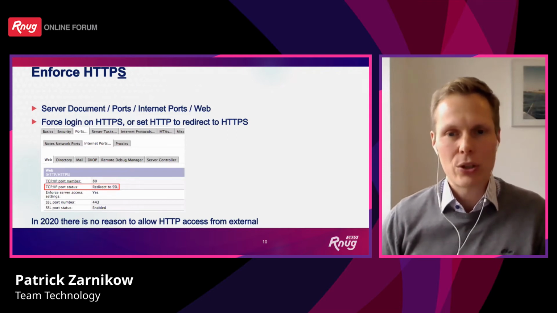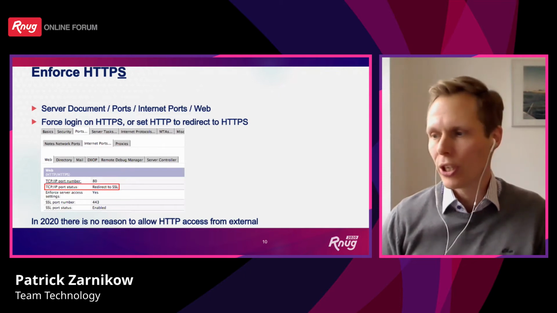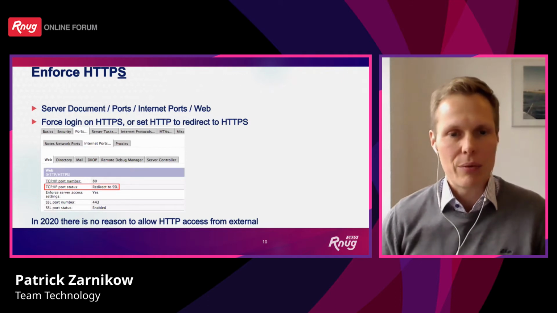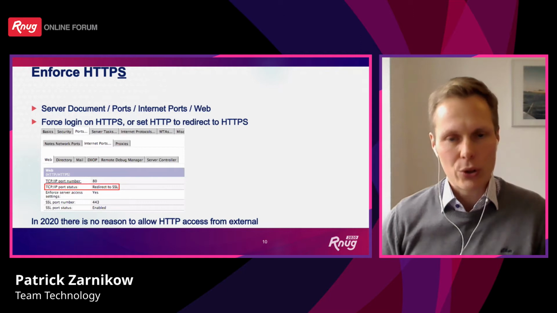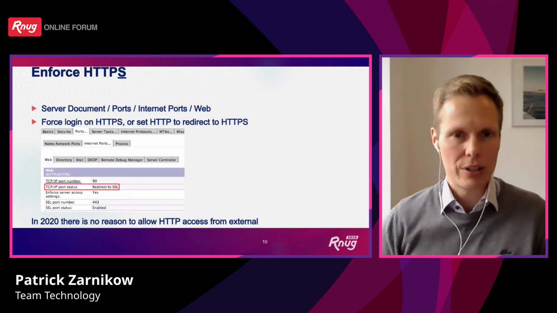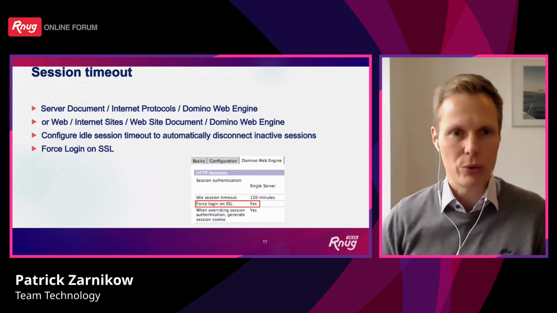Or you can set it to redirect to HTTPS, so your Domino server is not reachable via HTTP port 80. Just go and redirect it to HTTPS. Today in 2020, regarding all the new certificates out there, you should have TLS or SSL enabled. There's no reason to have HTTP access possible from external hosts or for external users today.